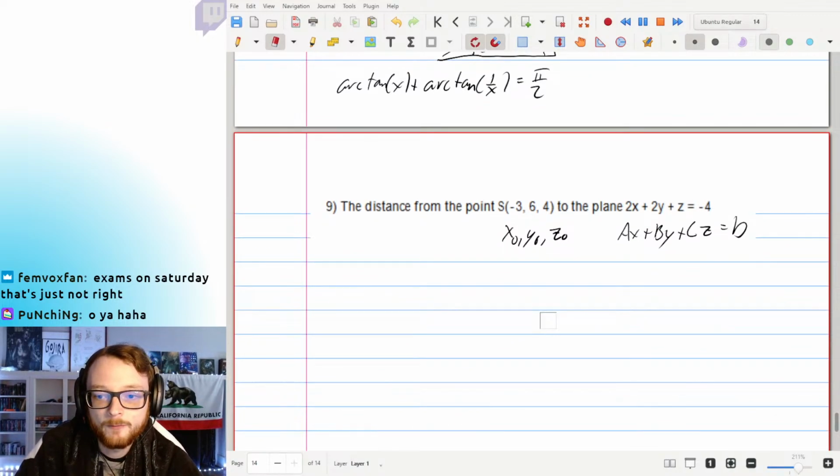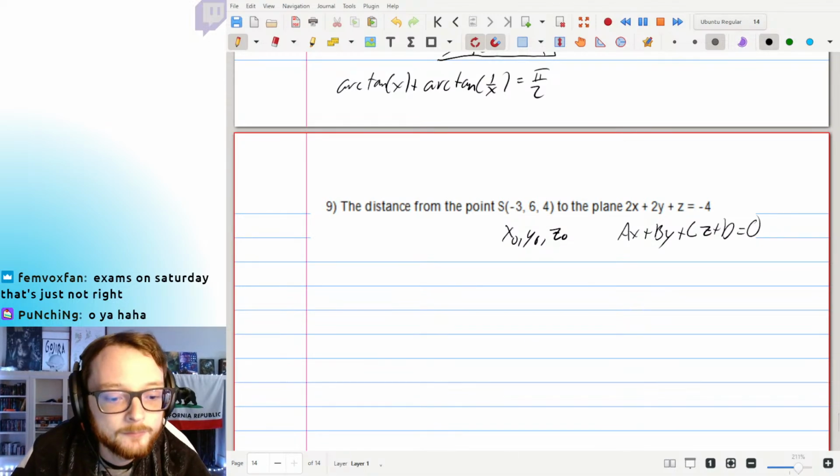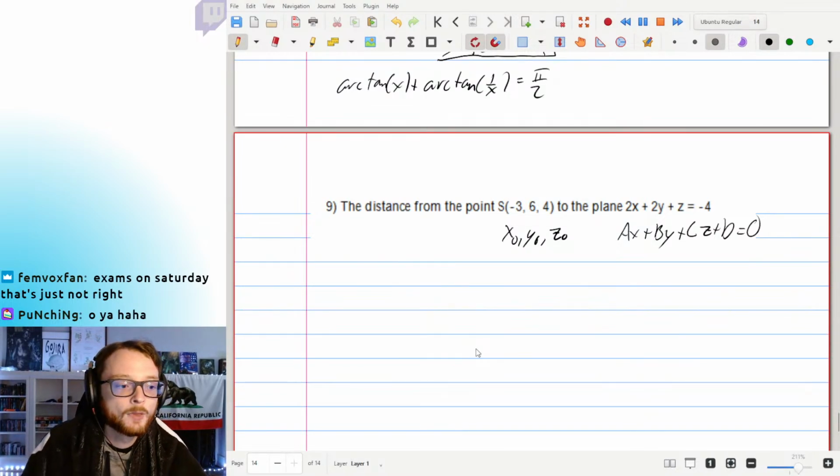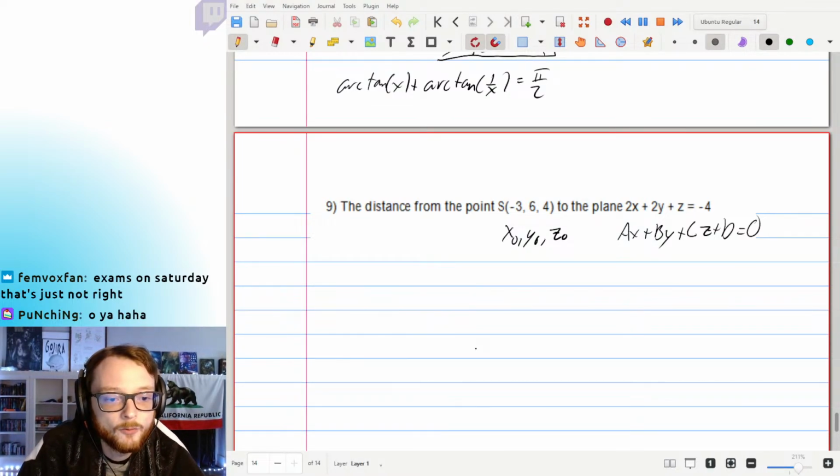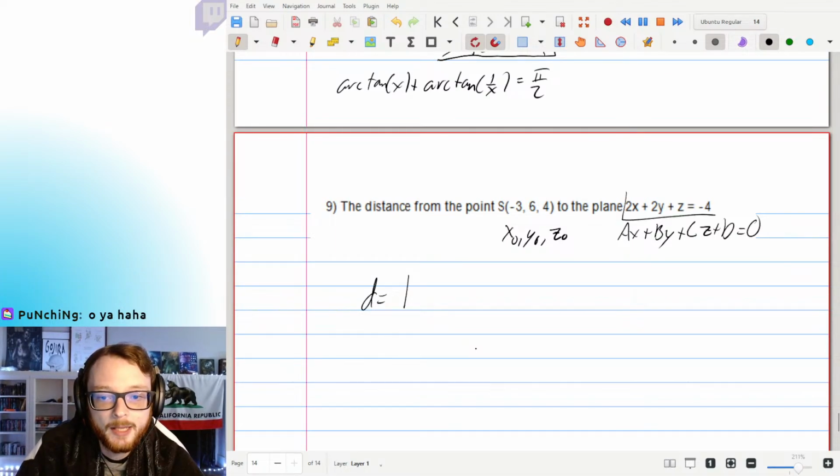So in that case, we're defining our planes to look like that, and that's okay. So then the distance D is the absolute value of the plane evaluated, or basically, you take the equation for the plane here, but you plug in the points for x, y, and z.